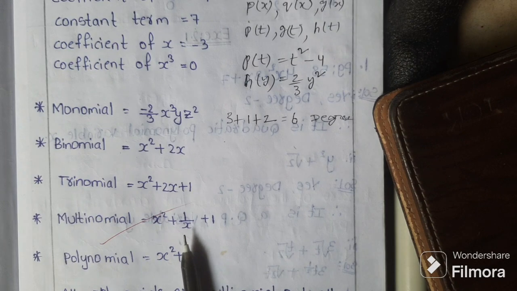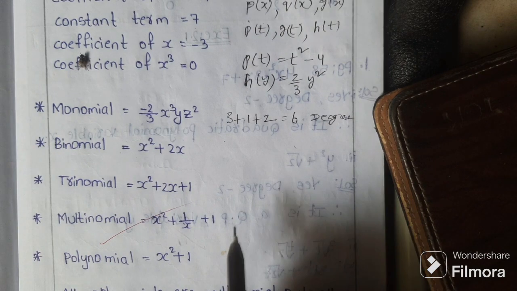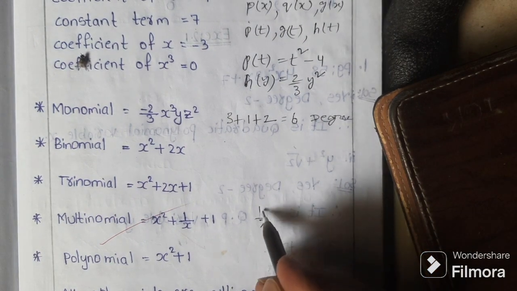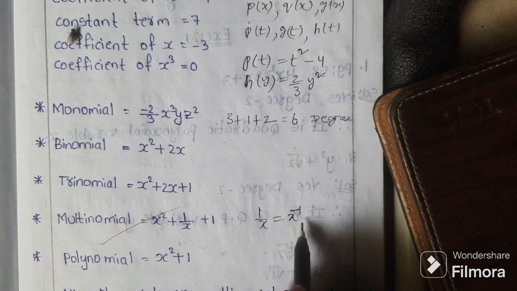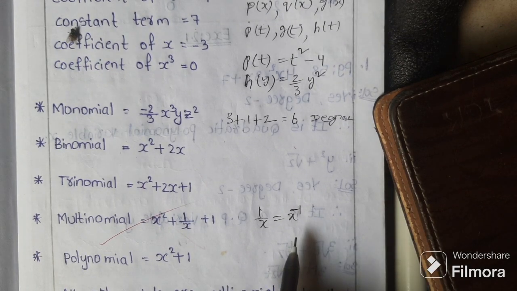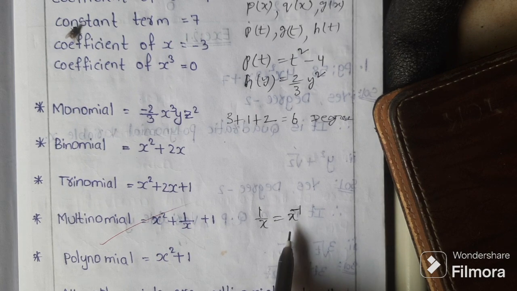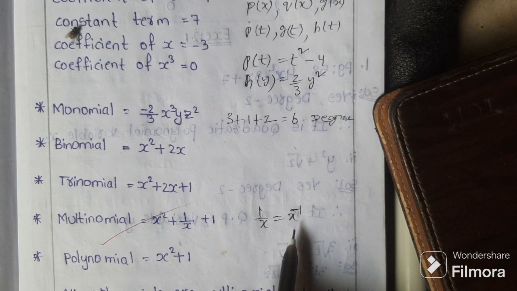Here it is a multinomial. Why? Because in the second term, x's power is minus 1. Suppose you take 1 by x into the numerator, that becomes x to the power of minus 1. X to the power of minus 1 means a negative number, no? That's why it is not a polynomial.